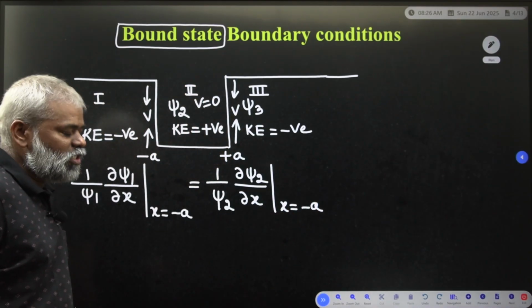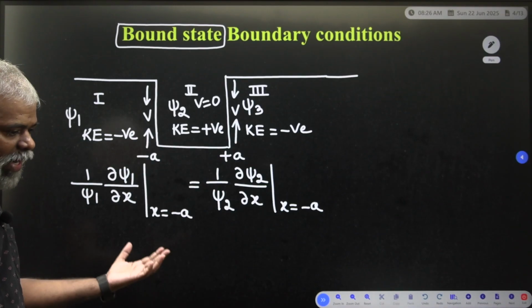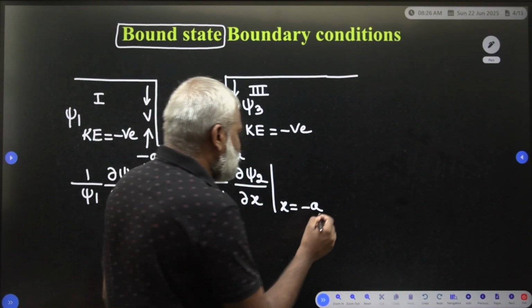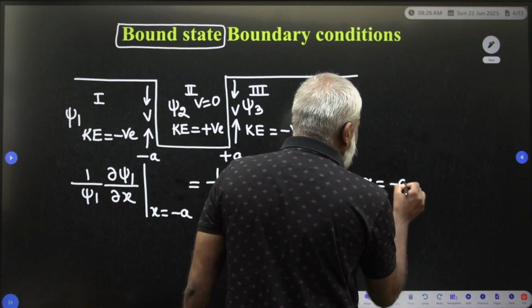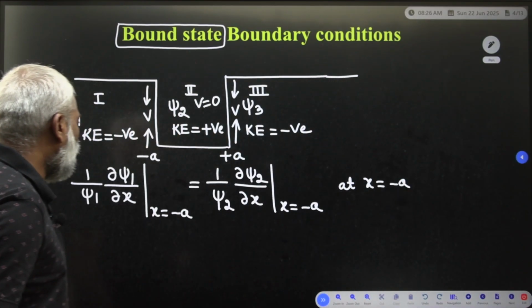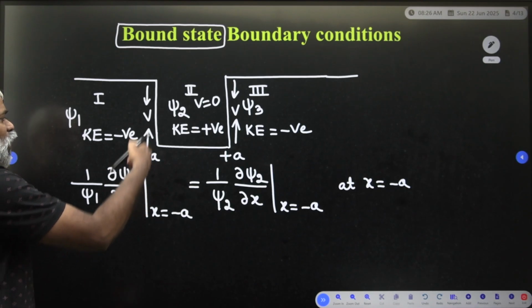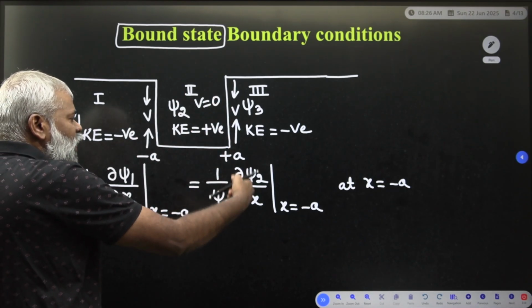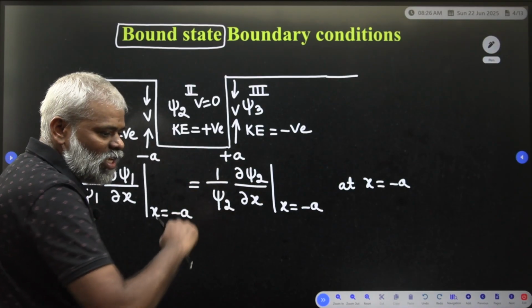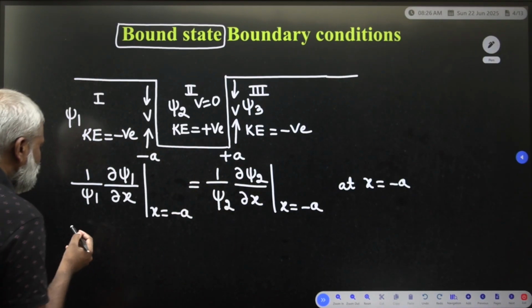This is the first boundary condition. At x is equal to minus a, 1 by psi 1 dou psi 1 by dou x is equal to 1 by psi 2 dou psi 2 by dou x.